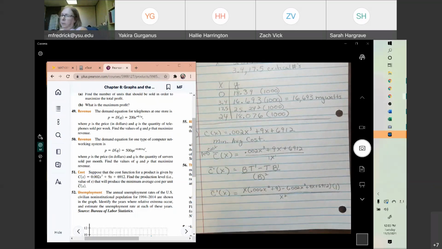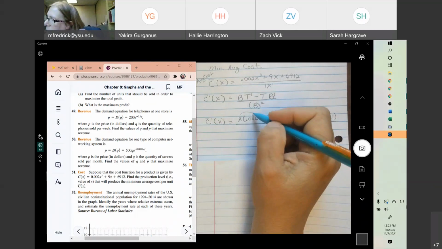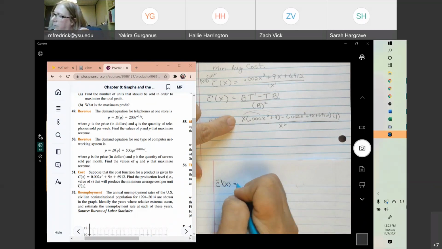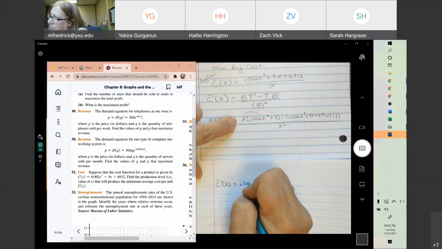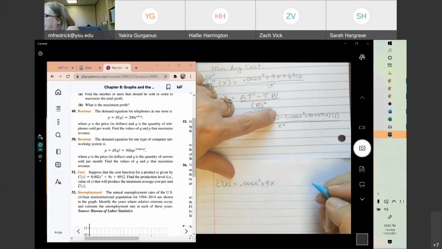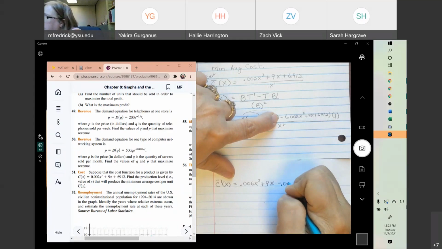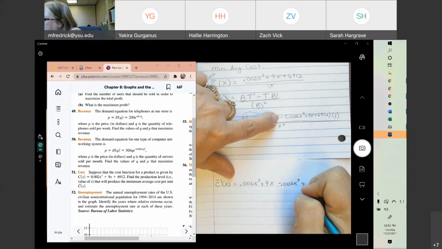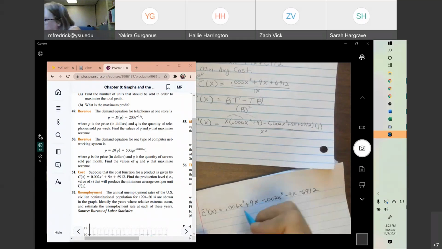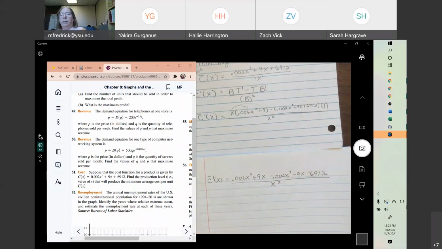Since we have to set it equal to 0, that's probably a good idea. So I would distribute the x here and get 0.006x cubed plus 9x. And then here I'm distributing a negative 1. So I have a negative 0.002x cubed minus 9x minus 6912, all over x squared.